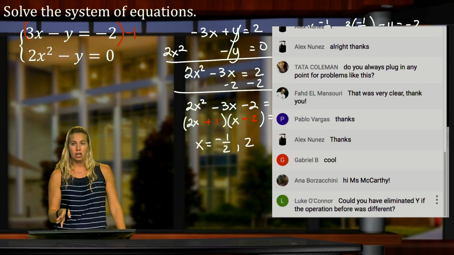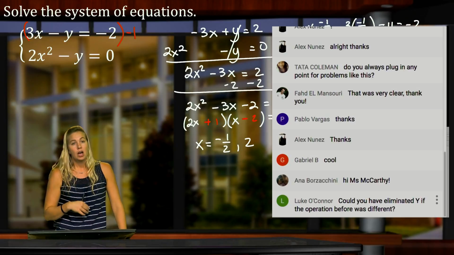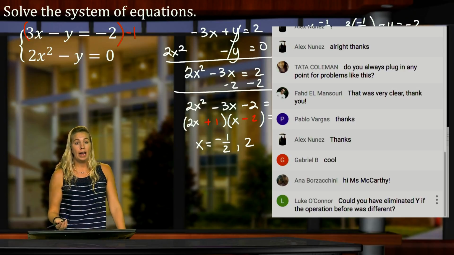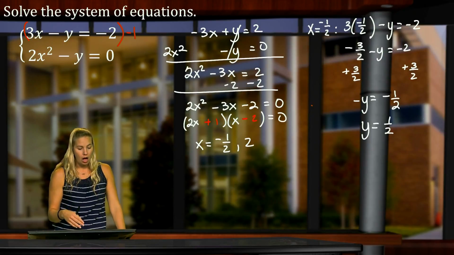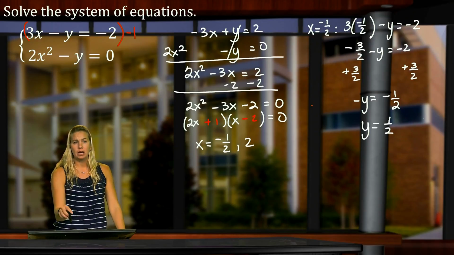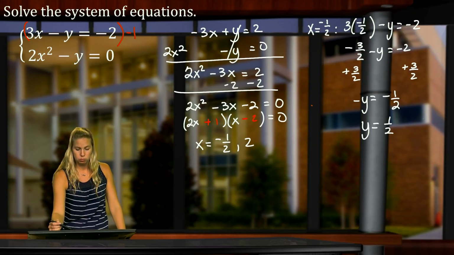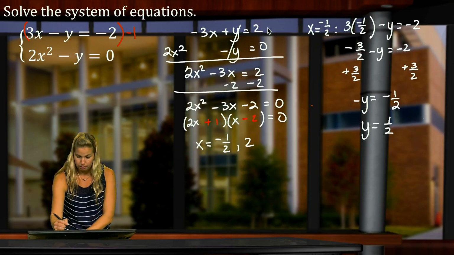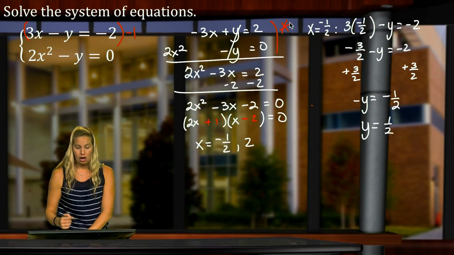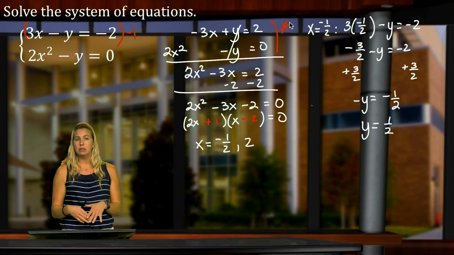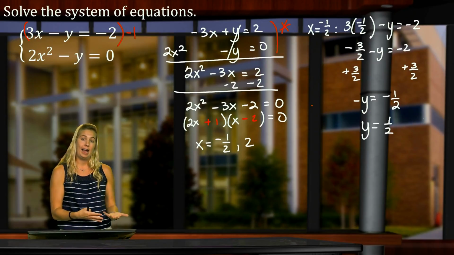I have a question on the board. You can maybe see it on the screen. Could we have eliminated y if the operation before was different? So we did start by eliminating y, Luke. If you see, that was what we did in this first step right here. That was eliminating y. Maybe you meant to ask, could we have eliminated x?